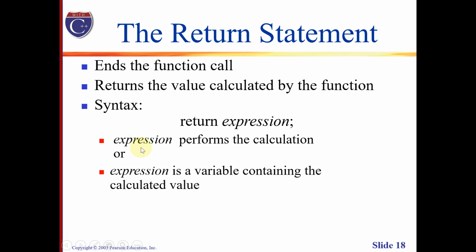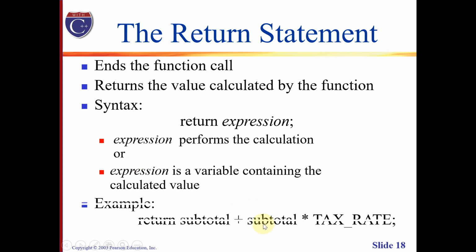Also, the expression can also be a variable which contains the calculated value. Here's an example of how we can use the return keyword to end a function call and pass whatever is the result of the computation inside our function body.